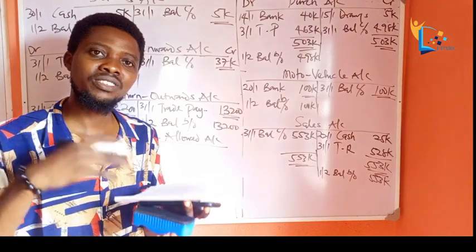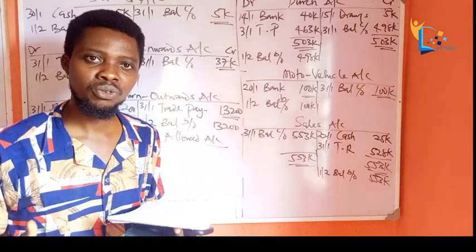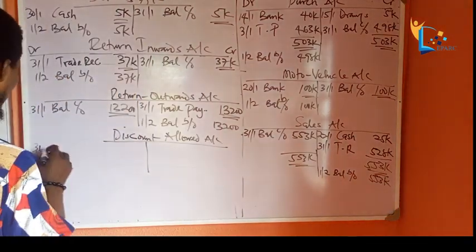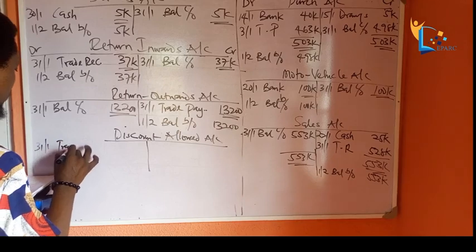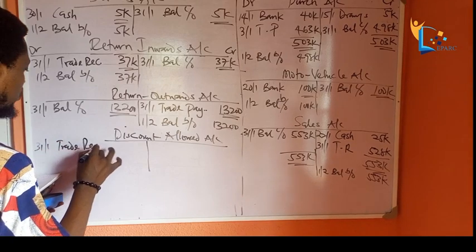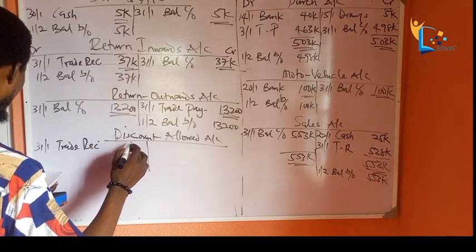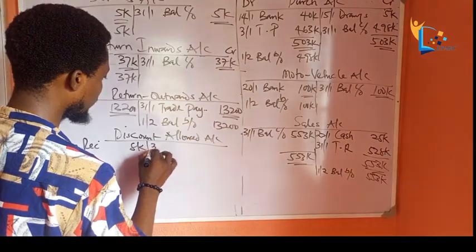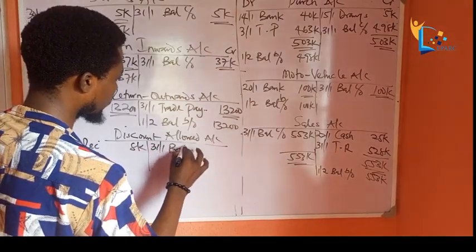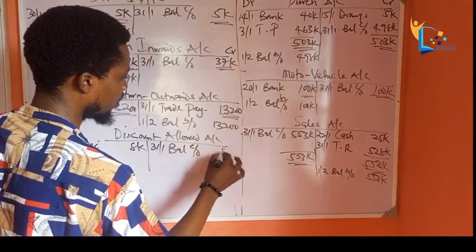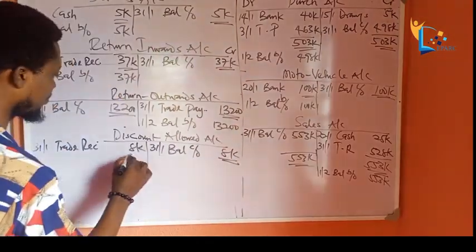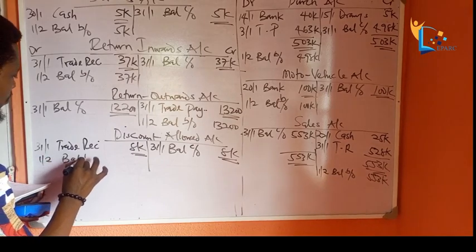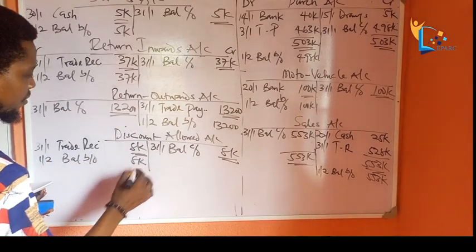So we have 31st of January, trade receivable, 8,000. 31st of January, balance carried down, 8K. All right. 1st of February, balance brought down, which is 8K.